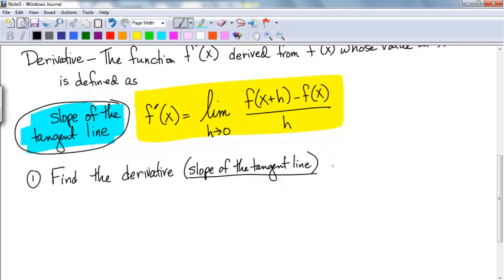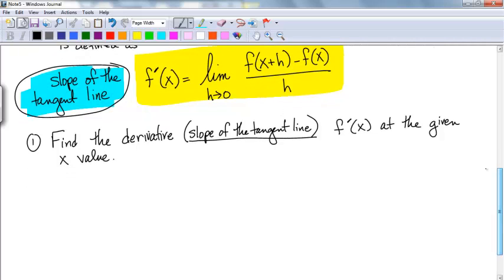Okay, so find the derivative, f prime of x, at the given x value. Here's the equation. They have to give you some beginning function. f of x equals x squared plus 1, which is a parabola, and they want to know what's the derivative at x equals 2.